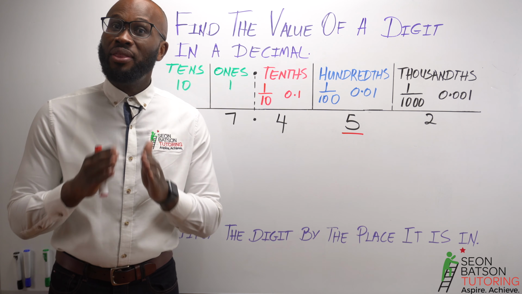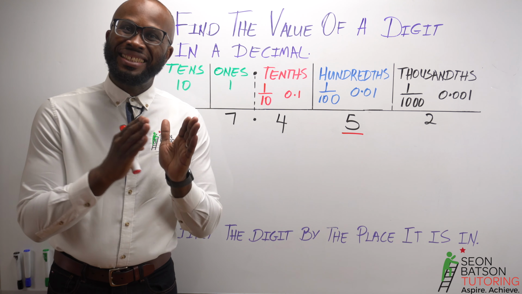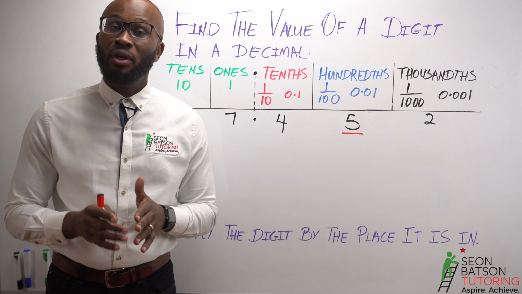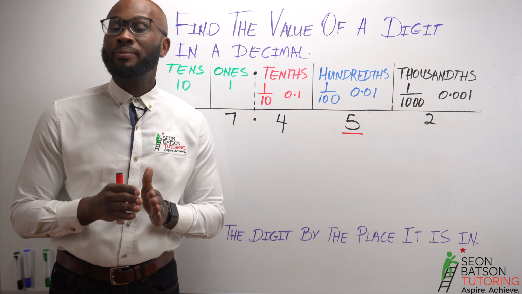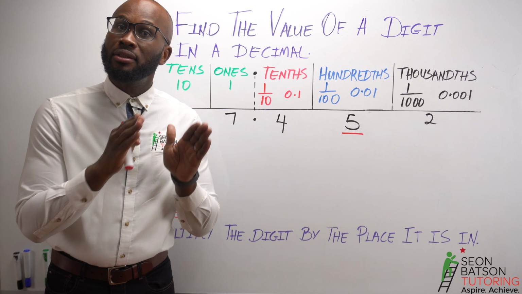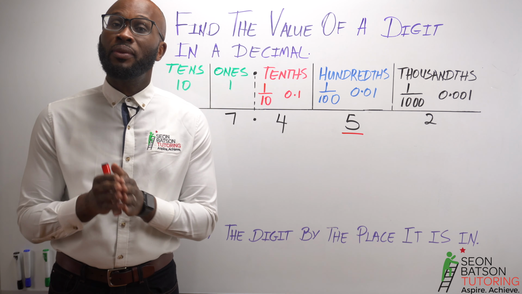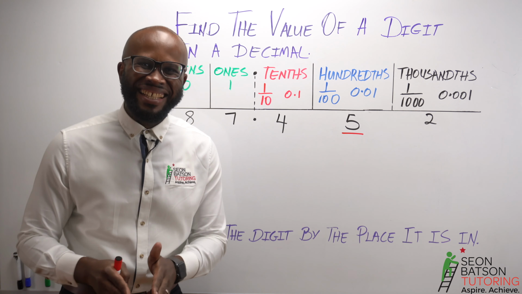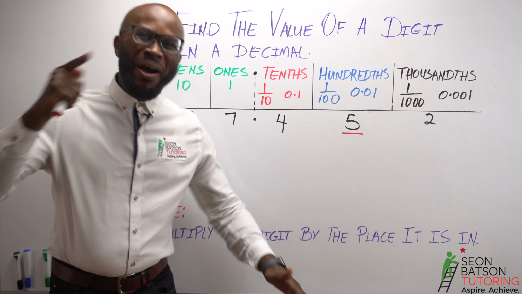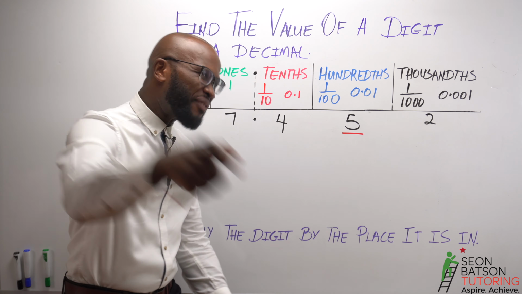To find the value of a digit in a decimal, you will simply multiply the digit that you are trying to find the value of by the place that digit is in.